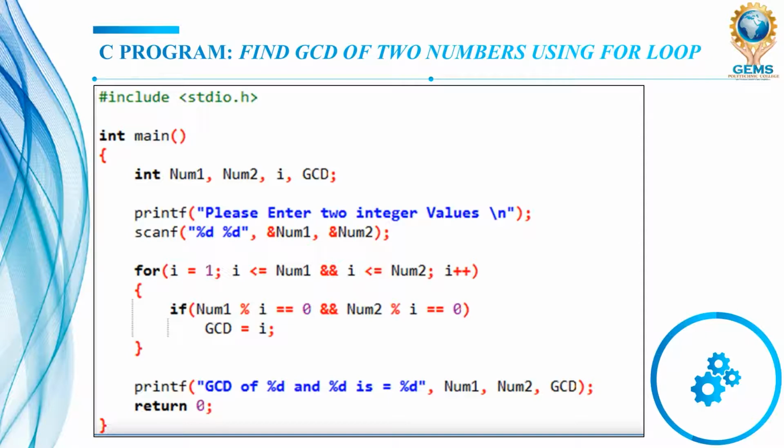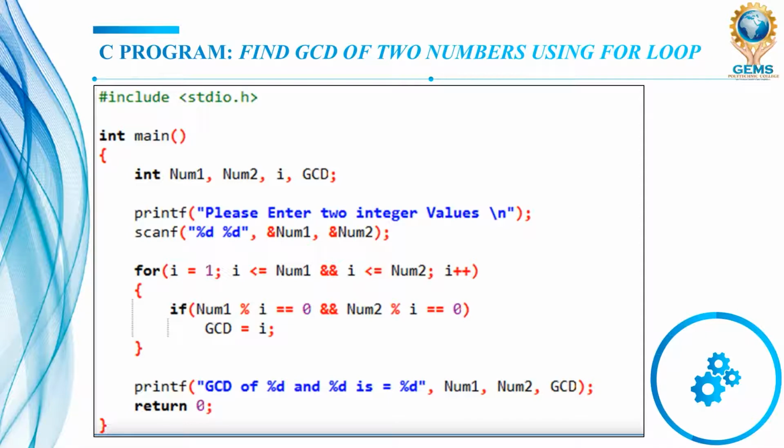This is our header file, stdio.h, that means standard input output header file. Then we started the main function. Now int is a data type here. We have 4 variables here. Those 4 variables come under the integer data type: num1, num2, I, GCD. These are the 4 integer variables.